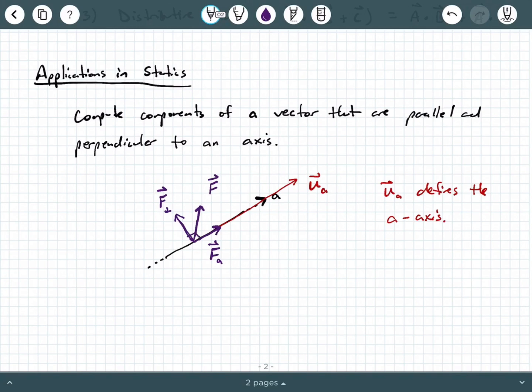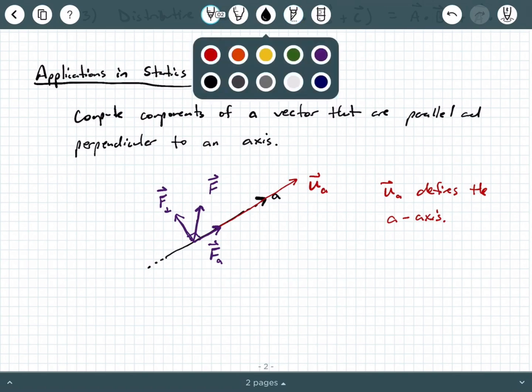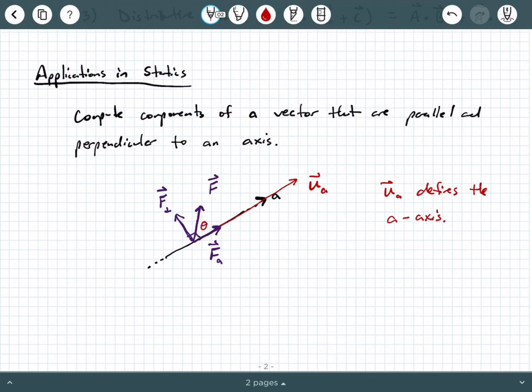Now let's say that the angle that our force vector F makes with this A axis is an angle theta right there, okay? So again, let theta be the angle F makes with the A axis.